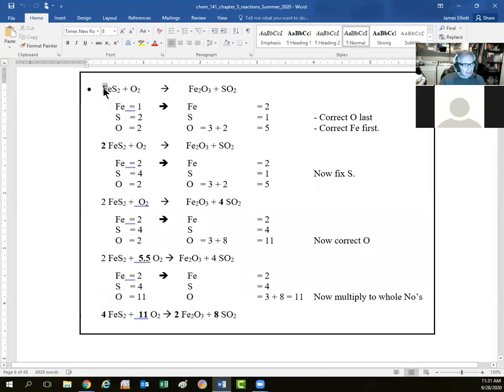So I just happened to choose to balance the iron first. It could just as easily have been the sulfur. So 1 iron on the left, 2 on the right. We double up the amount of iron on the left by using 2 units of the iron sulfide. That also doubles the amount of sulfur.